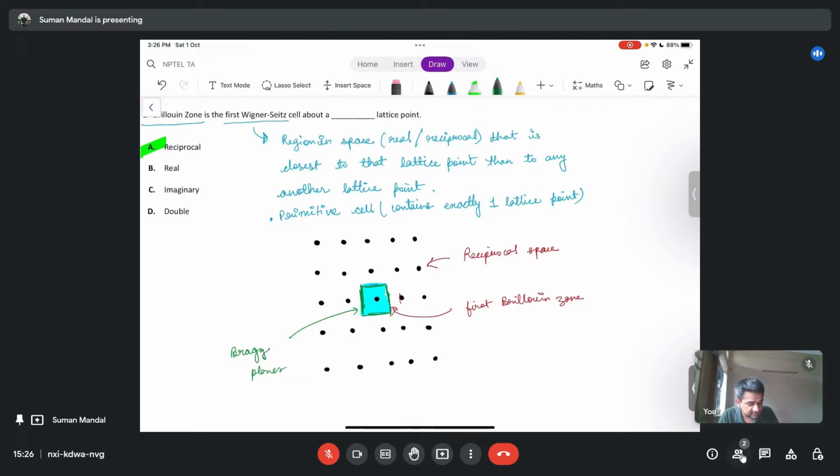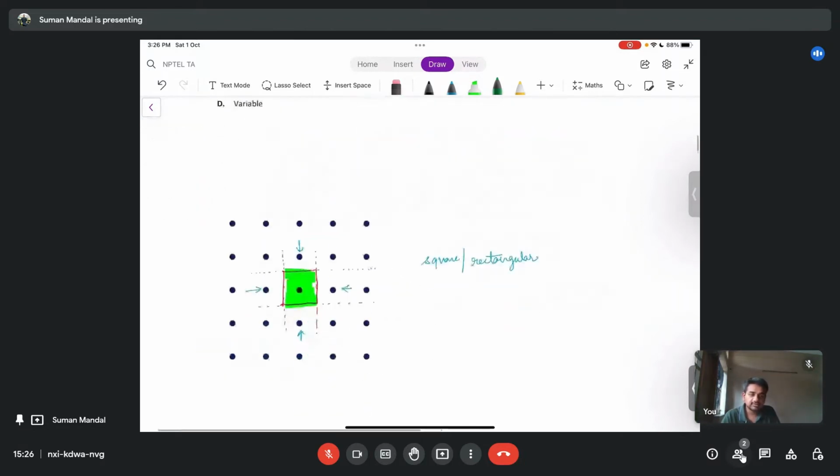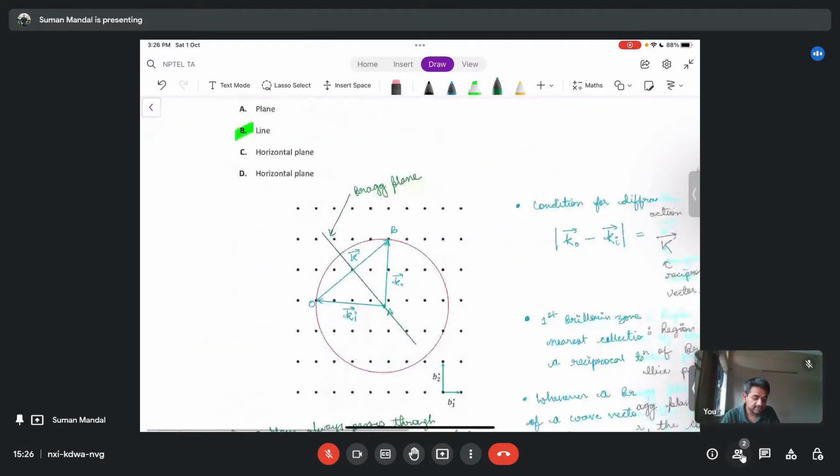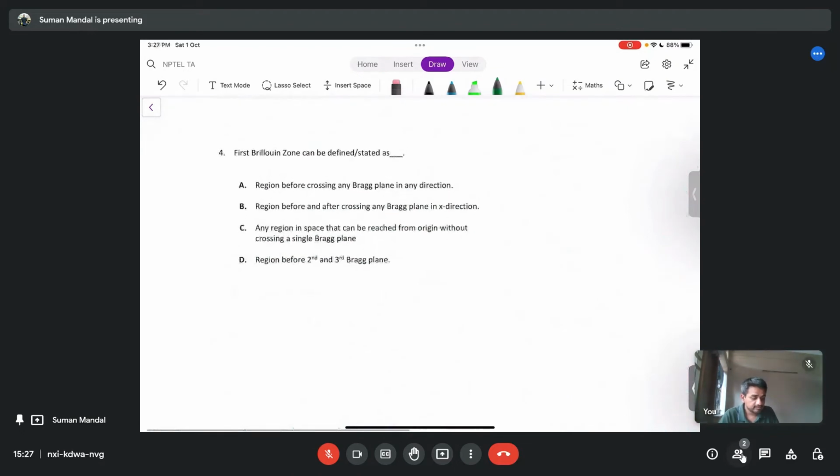In this case, they are the first Bragg planes because they are with respect to the closest neighbors. So the first Brillouin zone is the region before the first Bragg plane. So the option, region before crossing any Bragg plane in any direction, option A is correct.